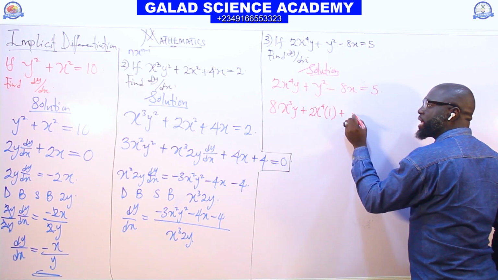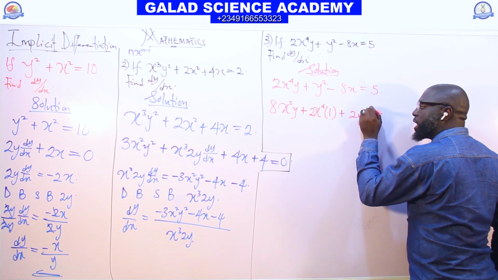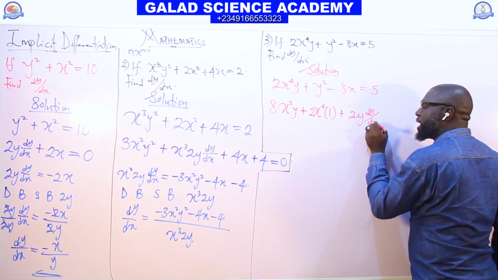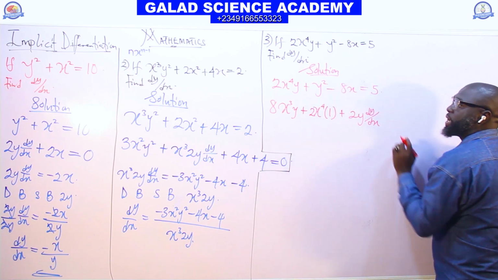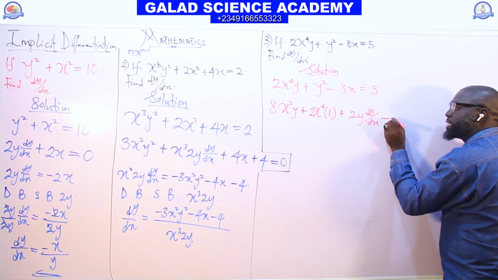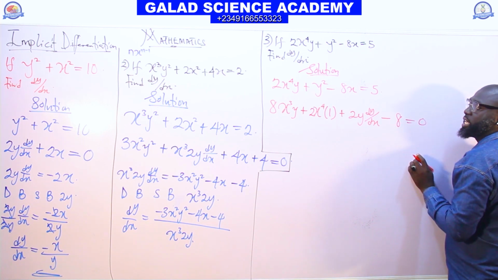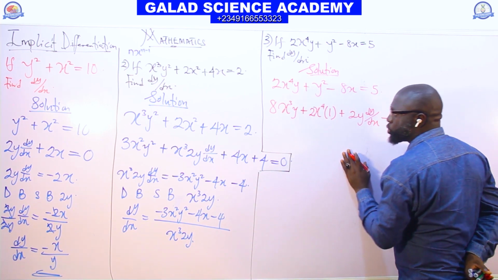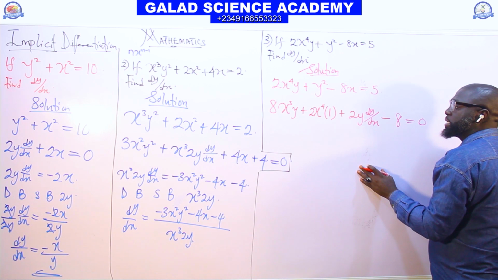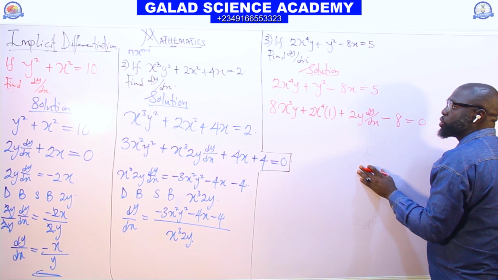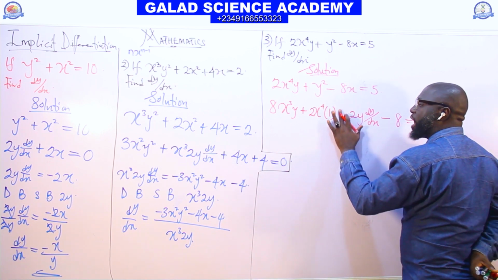The derivative of this y squared is 2y dy/dx. Then what else do we have? The derivative of 8 is 0.